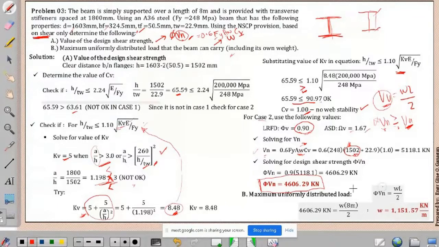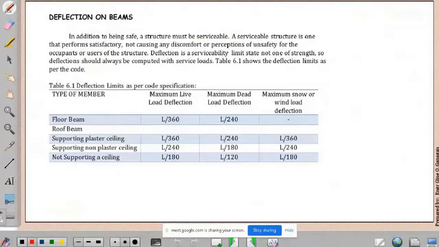We substitute it in the equation and solve for W, given L over 2. So our uniformly distributed load is equal to 1,157 kilonewtons per meter. This is our answer for letter B. That is for problem number 3, so that is for shear.